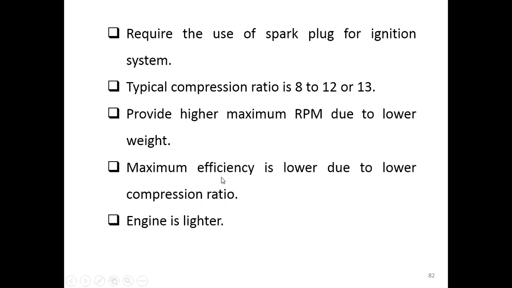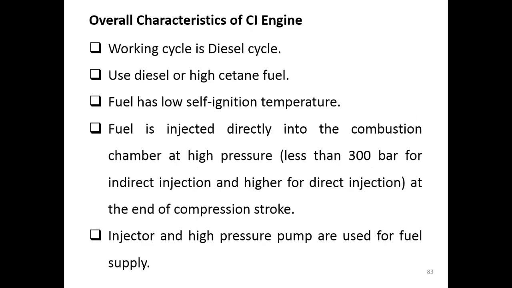Oh no, the maximum efficiency is lower, correct? The maximum efficiency of this engine is lower because the compression ratio is low. And the last one, the engine is lighter, lower weight here. So this is the overall characteristic of the SI engines.